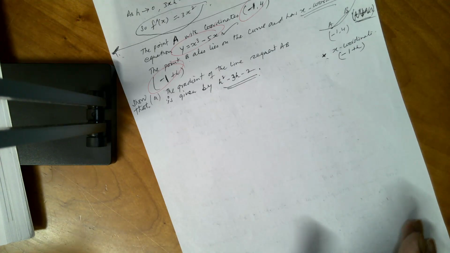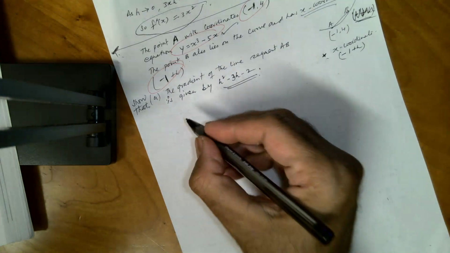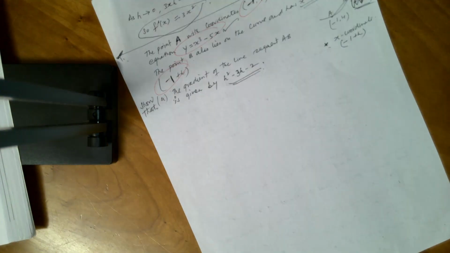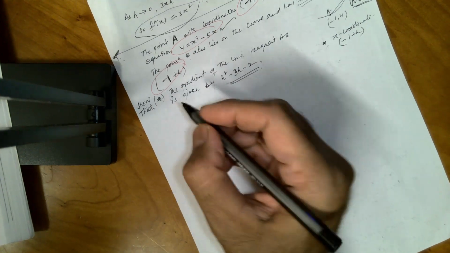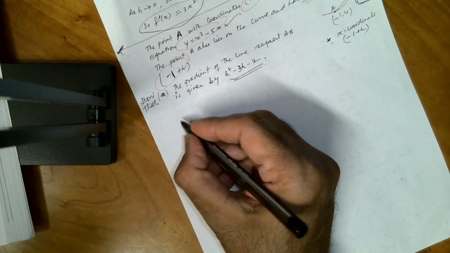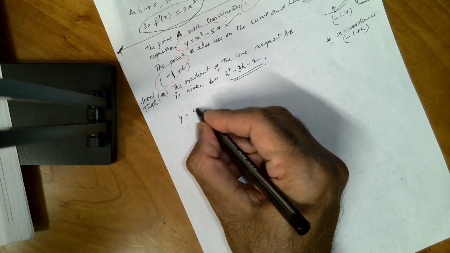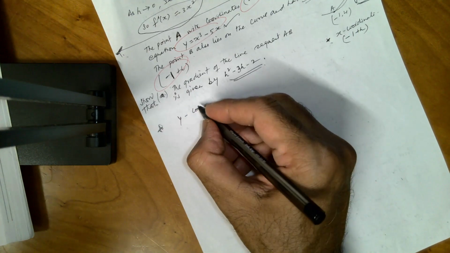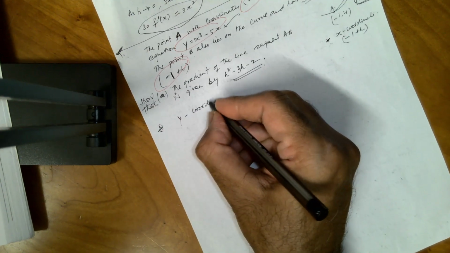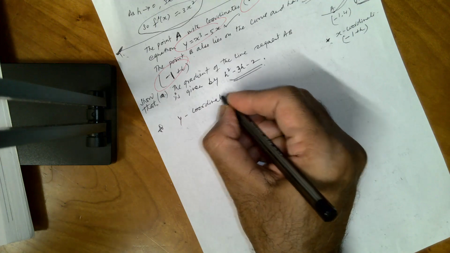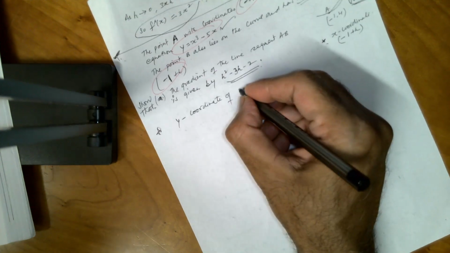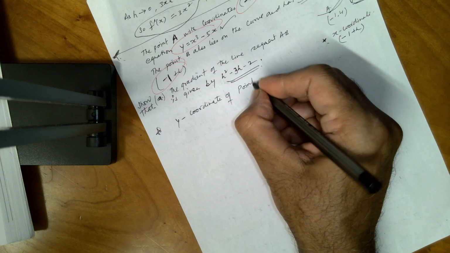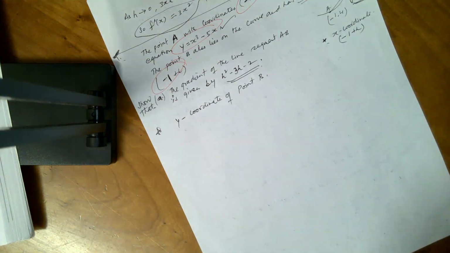Let's sort this out then. The y coordinate of point B is what we don't know, and we need to find that out.